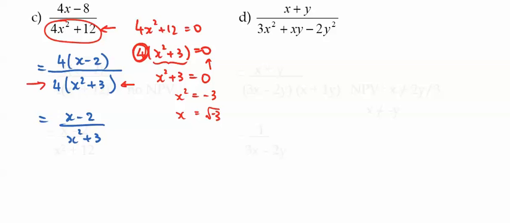So in this case, we actually don't have any non-permissible value, because technically, we cannot take the square root of a negative number. It is unreal. It is not a real number.